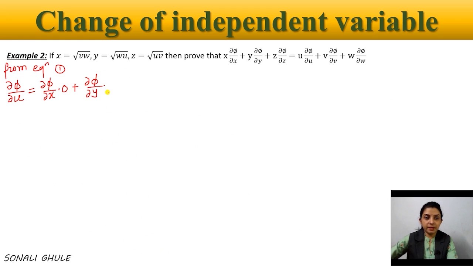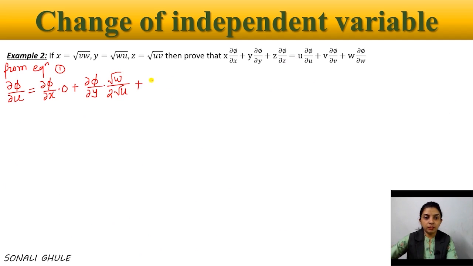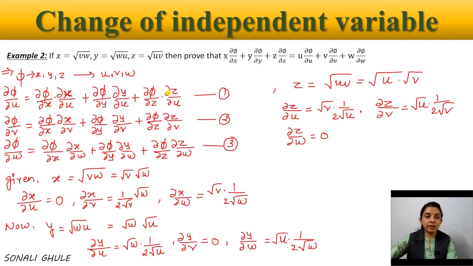So I can write here root w upon 2 root u plus, now the third term, dou phi upon dou z into dou z by dou u. So just write here dou phi upon dou z into dou z by dou u, meaning the derivative of z with respect to u. This we have to write.